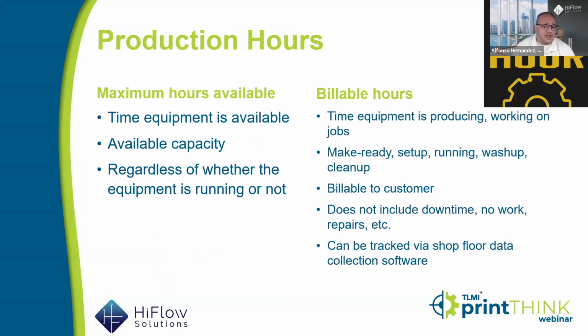Maximum production hours in a year can be based on 2,040 hours per year. If you have 2 shifts, that can be 4,080 hours. And billable hours can be targeted towards 80% of production hours. So that would come down to 3,264 hours.